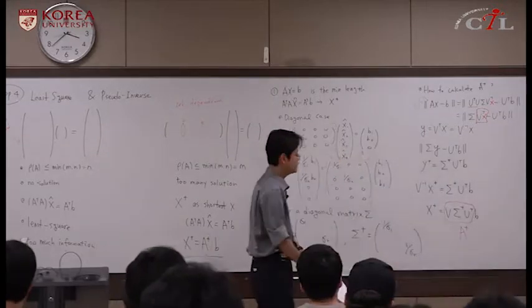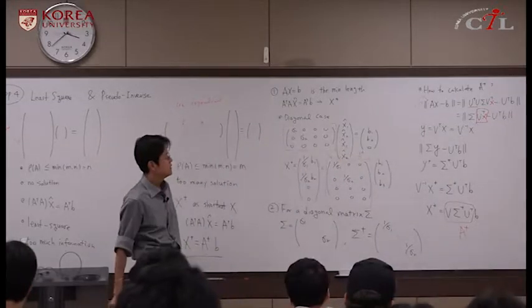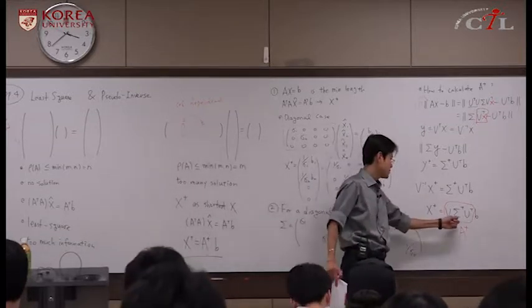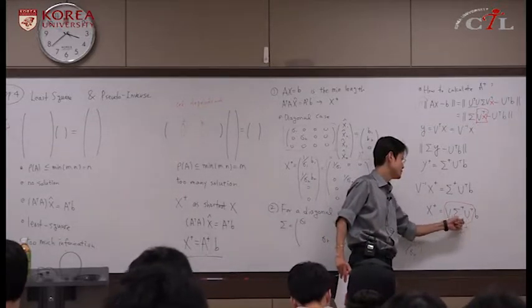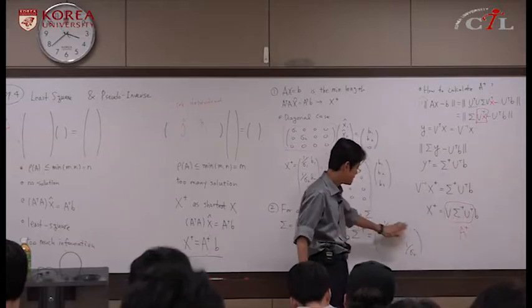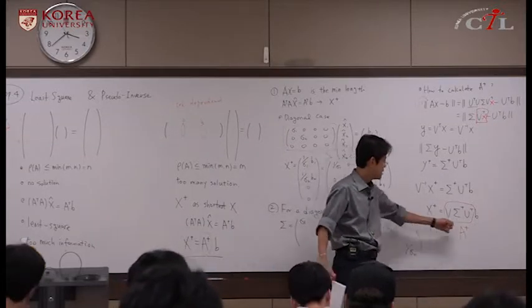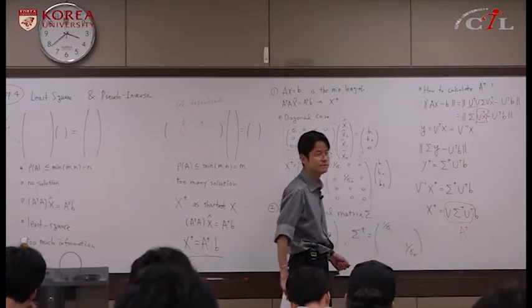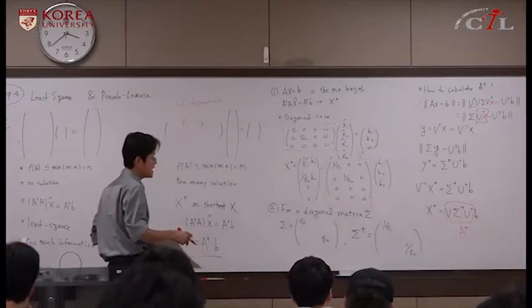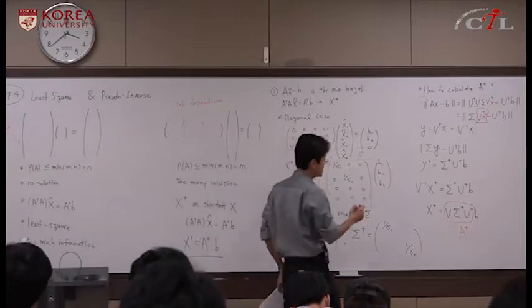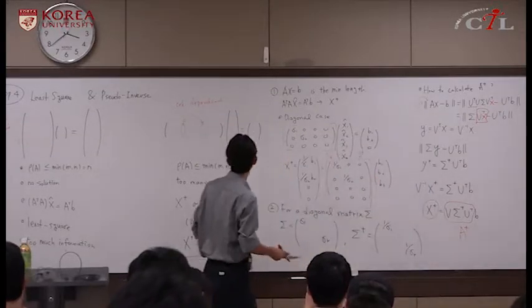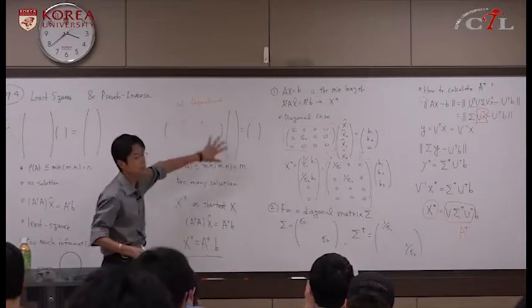So the pseudo-inverse can be constructed from the singular value decomposition. For sigma, we take the inverse in this way, and U is the same but transposed and at the end, and V is in front. So through A pseudo, you can find the minimum x pseudo among the multiple solutions in these column-dependent cases.